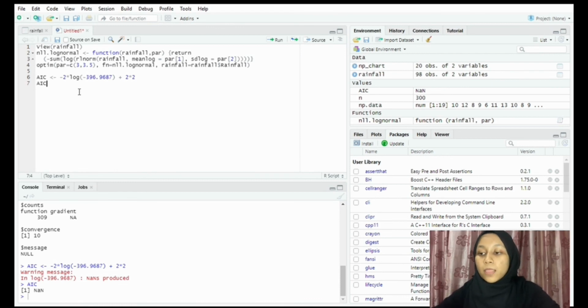And the exponential distribution gives the minimum value of AIC, which is negative 9.837916. Therefore, we can conclude that the exponential distribution is the best distribution.